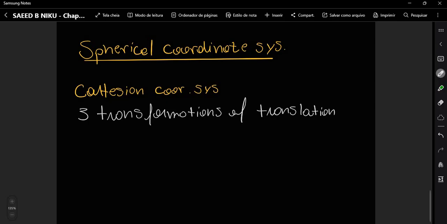And we have a geometric solid which represents where these transformations are done in three-dimensional space. So this parallelepiped represents this coordinate system.